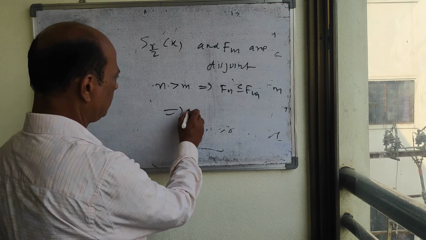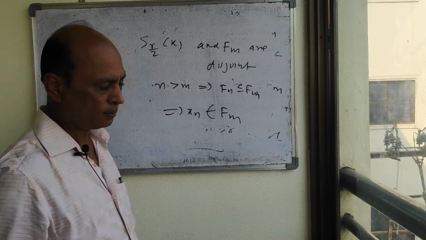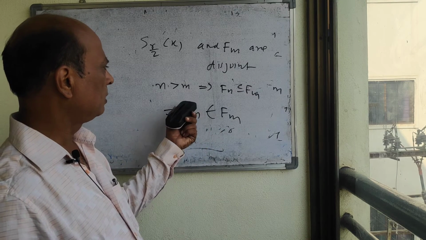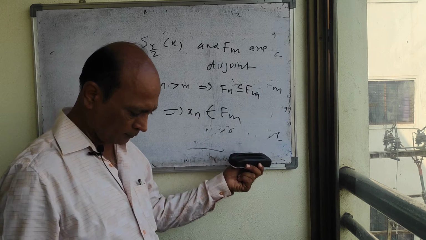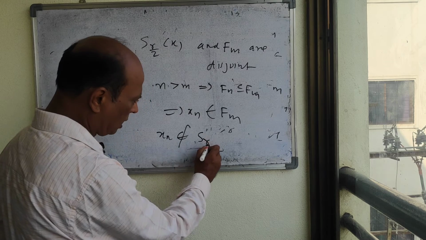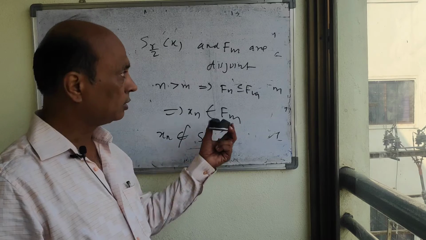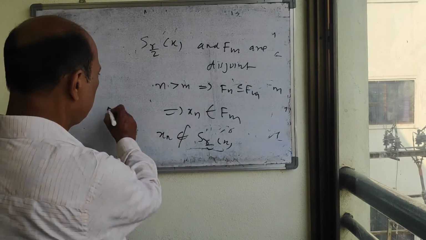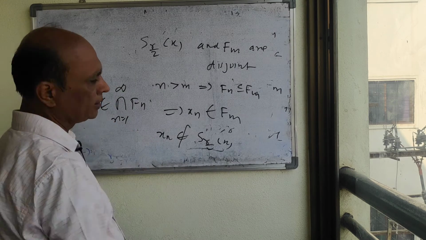And which implies that xn does not belong to S r by 2 of x. But this is not possible, because the sequence xn converges, and therefore x must belong to this intersection of Fn, n from 1 to infinity.